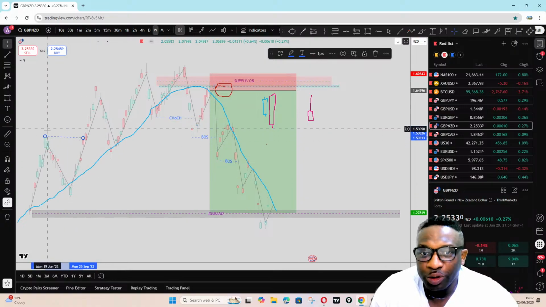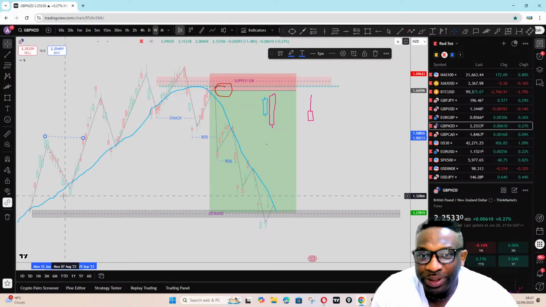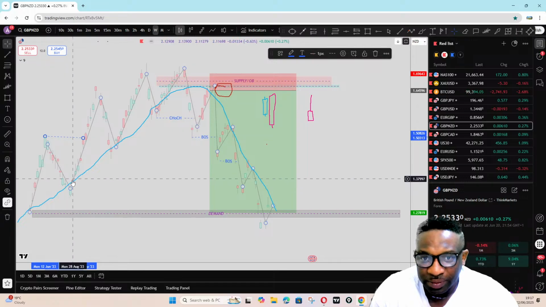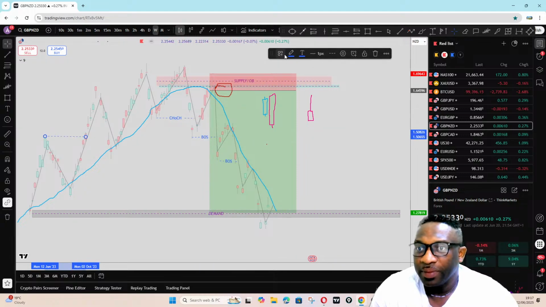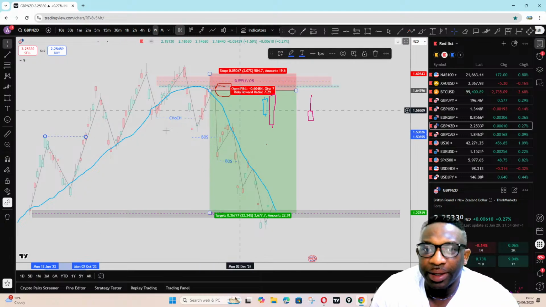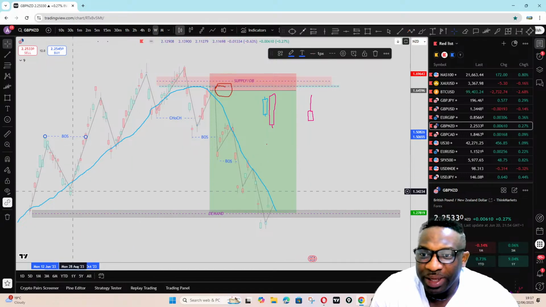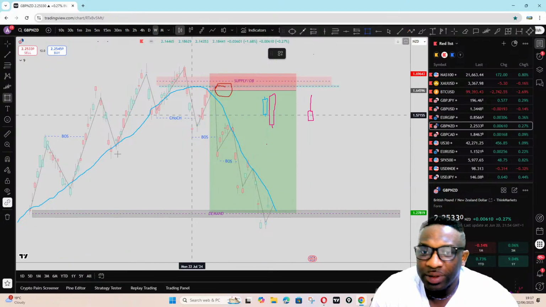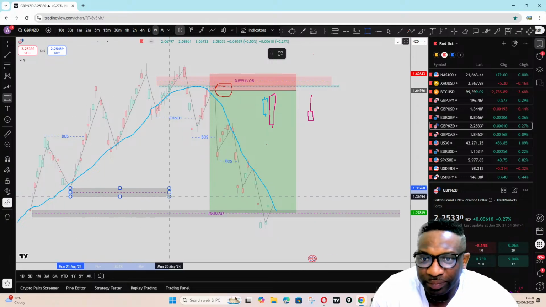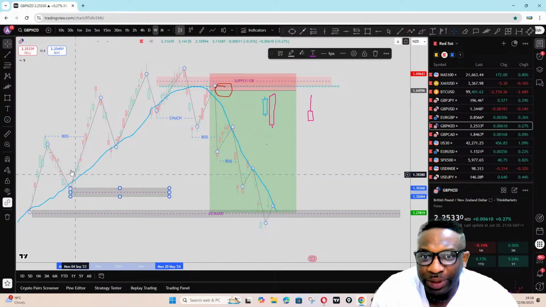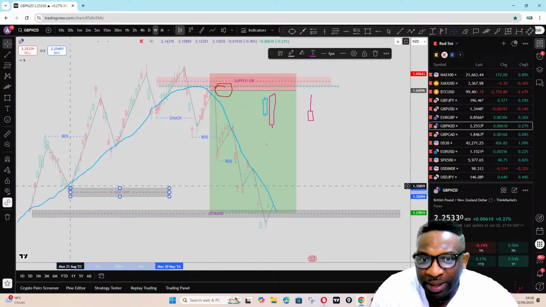where all you have to do is identify the origin of this break. So this break of structure here, this break of structure here, the origin now becomes here. So this last candle now becomes the origin where this break of structure originated from.